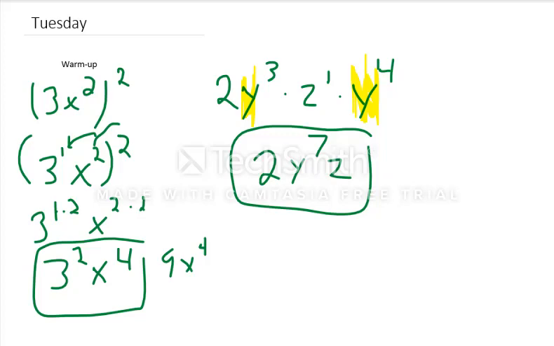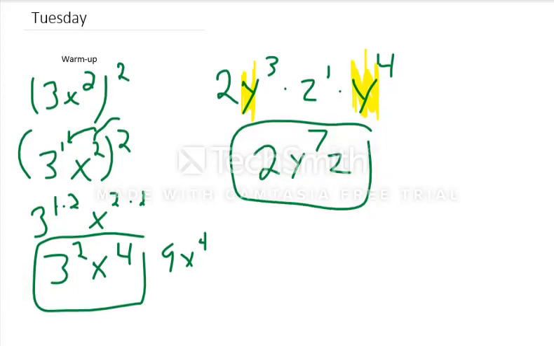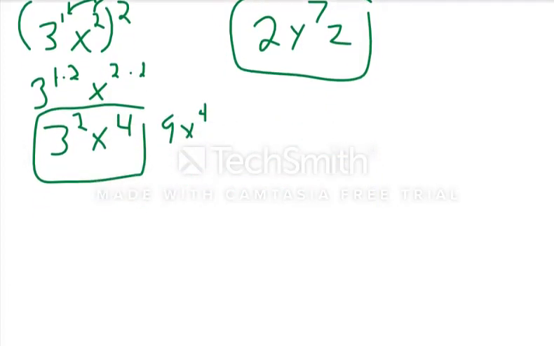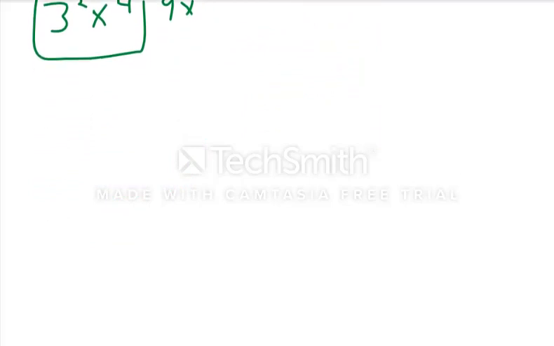All right. Today we are going to add a couple new rules. We've looked at power to a power. We've looked at multiplying with exponents. Now we are going to look at division with exponents.